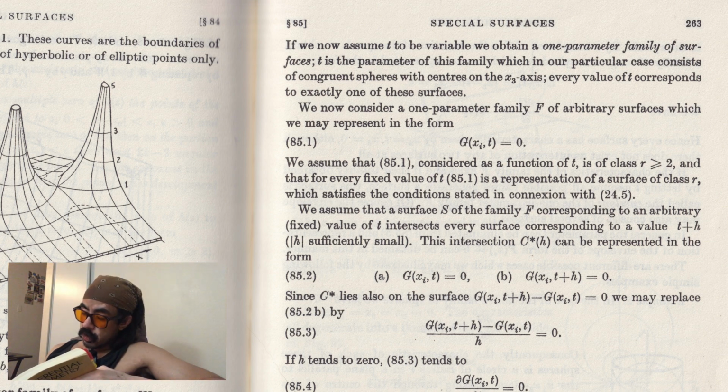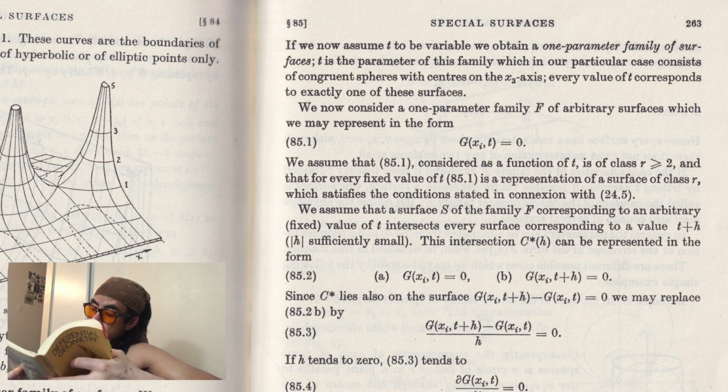Since C* lies also on the surface G(x_i, t + h) − G(x_i, t) = 0, we may replace the second equation B by a fraction with numerator G(x_i, t + h) − G(x_i, t), all over a denominator of h, equal to 0.